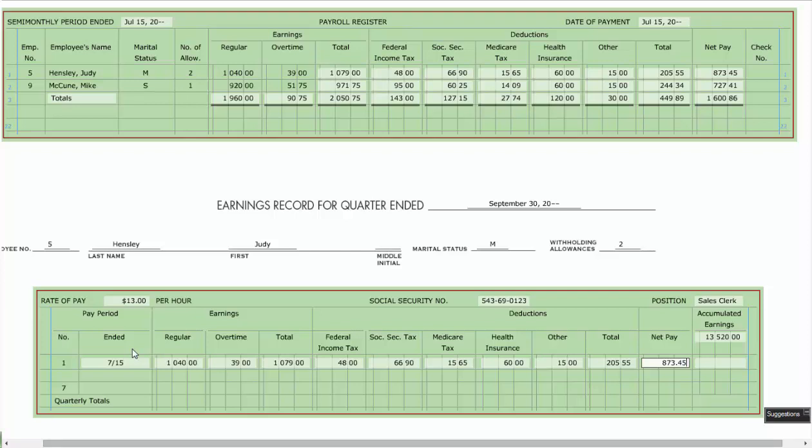It's not hard. You're just adding. But students go through and say, oh, I'm just going to add the net pay. And that's why I spent time before saying, hey, we need to make sure that we're doing accumulated earnings, not accumulated net pay. So we can see Judy should have $14,599 in accumulated earnings. Did I do that math correctly, Dawn? All right.